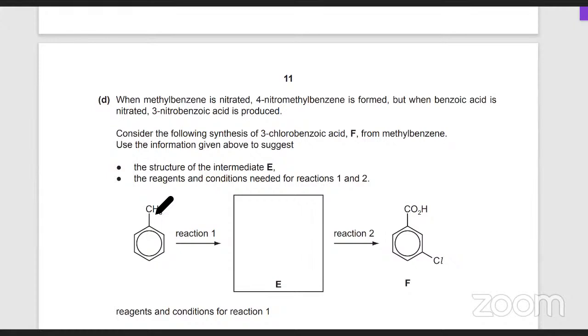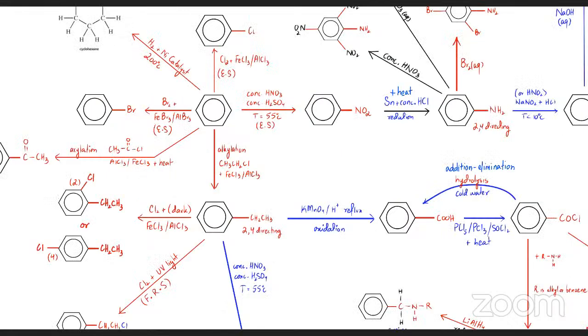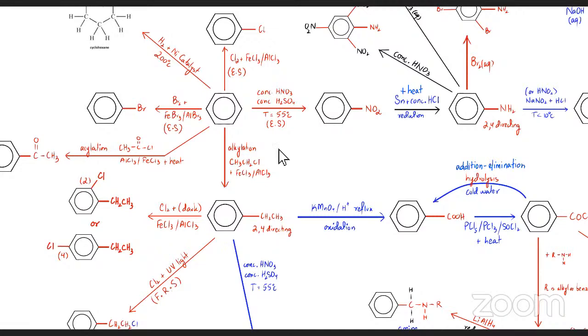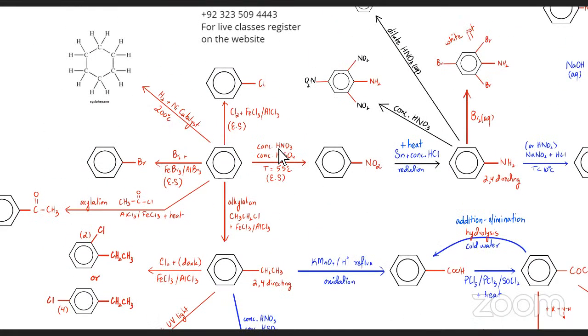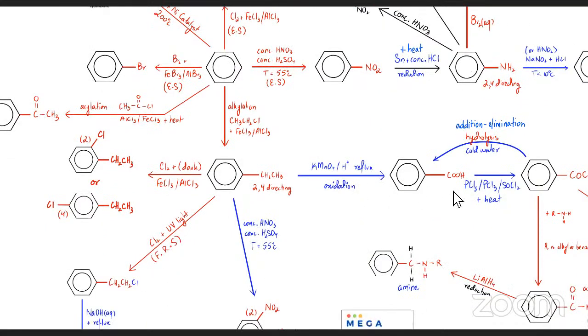There's no alkylation. How does a methyl change into a carboxylic acid? What happens when a methyl changes into a carboxylic acid? That part is oxidation. With KMnO4, heat it and it will turn into a carboxylic acid.